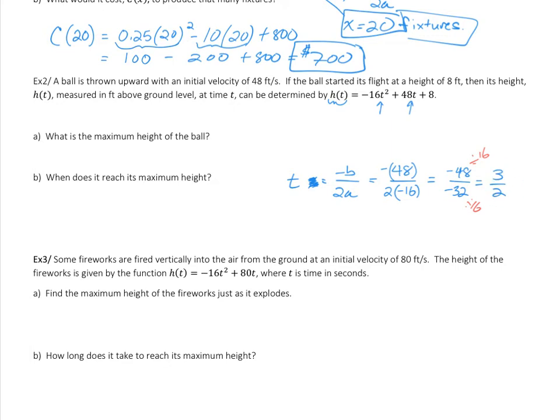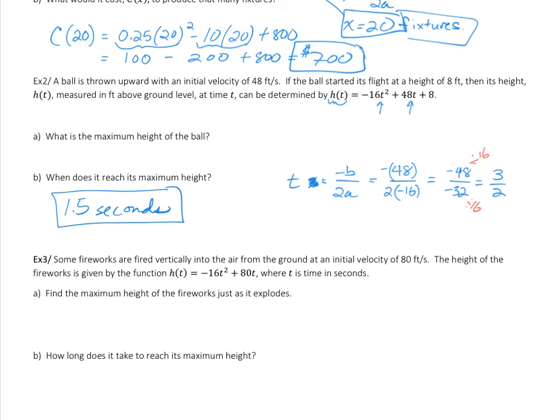3 over 2 normally doesn't make a whole lot of sense in the real world. So if you like changing this to a decimal, you can say 1.5 seconds. And that is the time it takes to reach the maximum height. The question A asks, what is the maximum height of the ball? Or how high does the ball get?